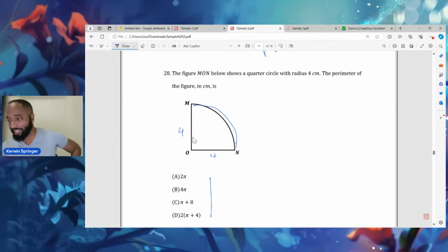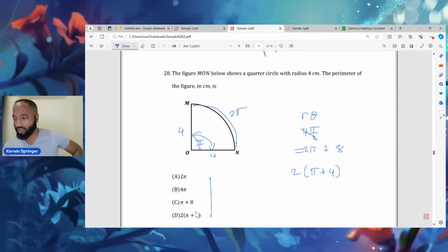You could use a couple of ideas to find the arc length here, but this is pi on 2, and it's r theta, right? So r is 4 by pi on 2, so you get 2 pi. So this is 2 pi in terms of its length. So this is 2 pi plus the 8, or 2 into pi plus 4 could work as well. So the answer is D.